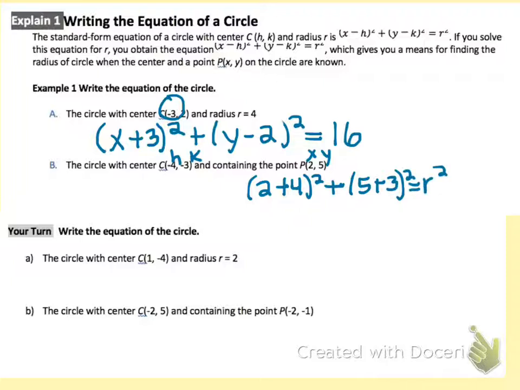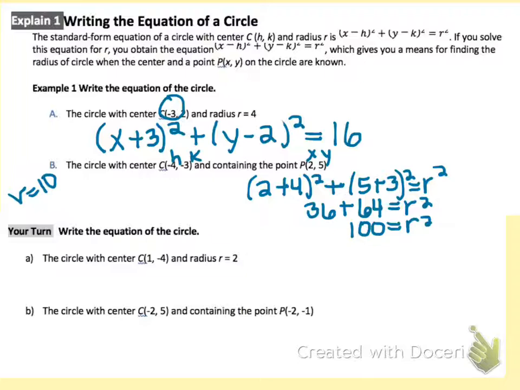So 2 plus 4, that's 6. 6 squared is 36. 5 plus 3 is 8. 8 squared is 64. Add those together and they'll equal the radius squared. So 36 and 64 is 100. So 100 is the radius squared, which means the radius must be 10. So the radius equals 10.